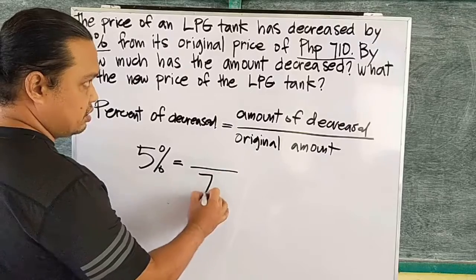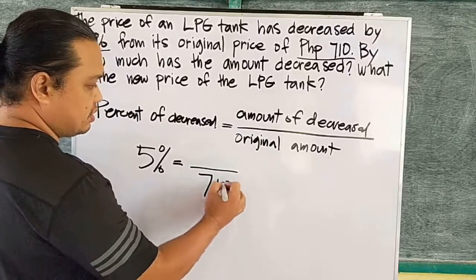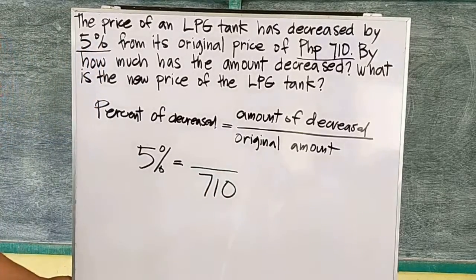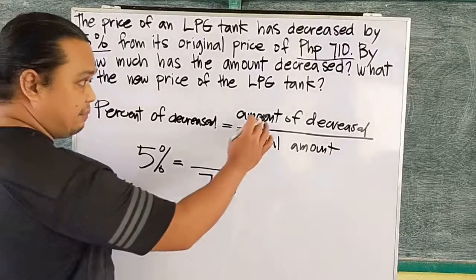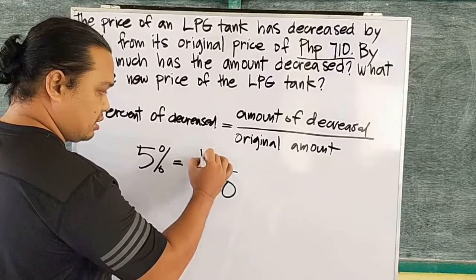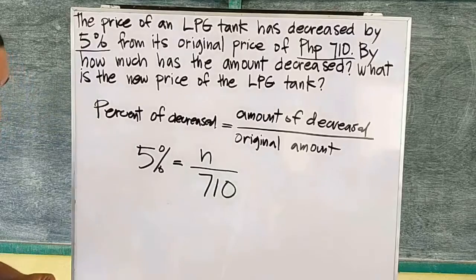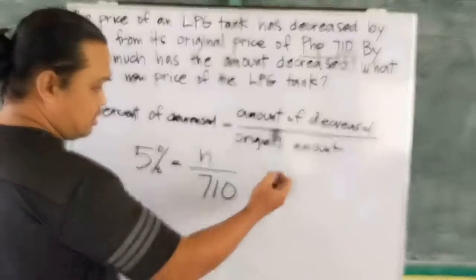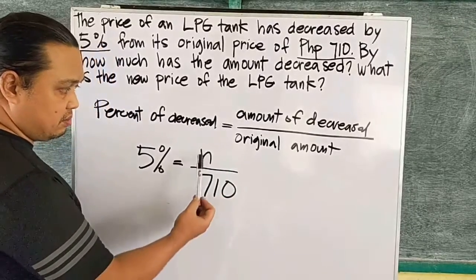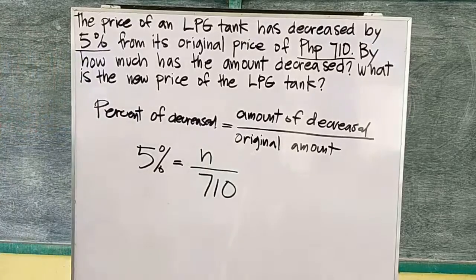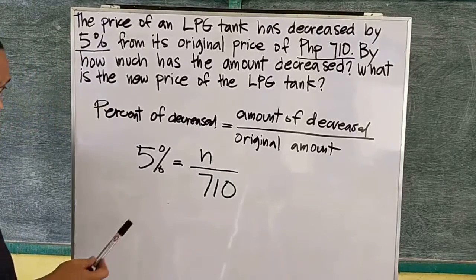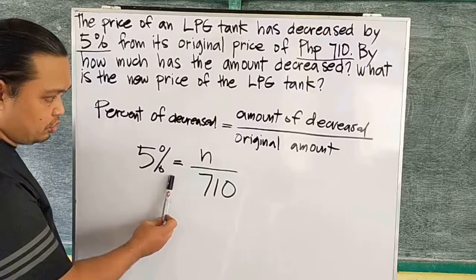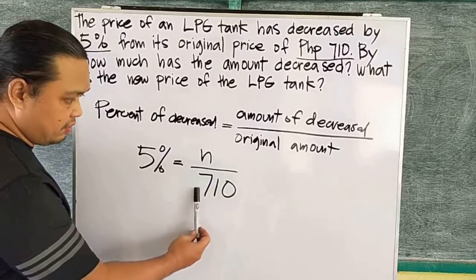So let's put here 710. And we are looking for the amount of decrease, so let's put the N. What is this N? So we have now the formula, which is 5% equals N over 710.